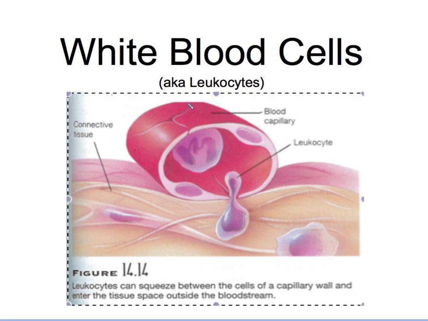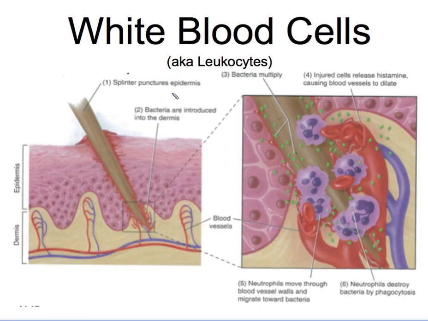Here is a blood vessel. This is actually a blood capillary. You have a leukocyte here, which you see is not terribly large. It fits through your capillaries and then is able to squeeze down into the tissue to fight infection. Here's another schematic showing a splinter that punctures your skin.